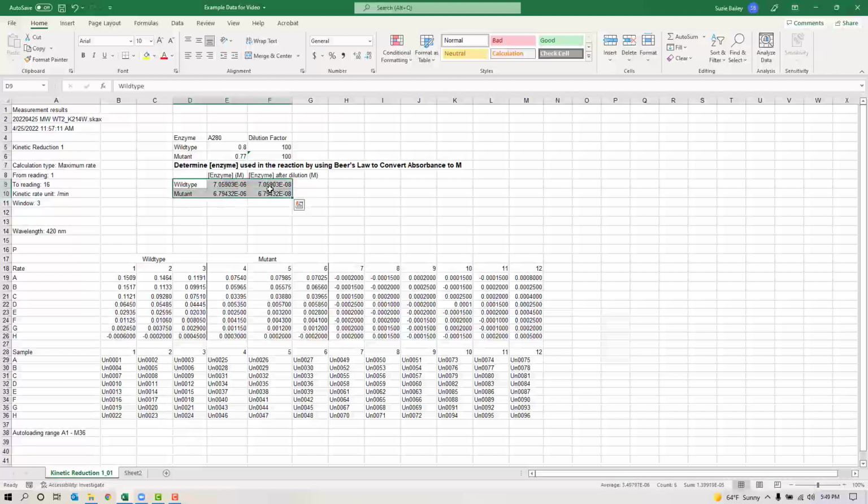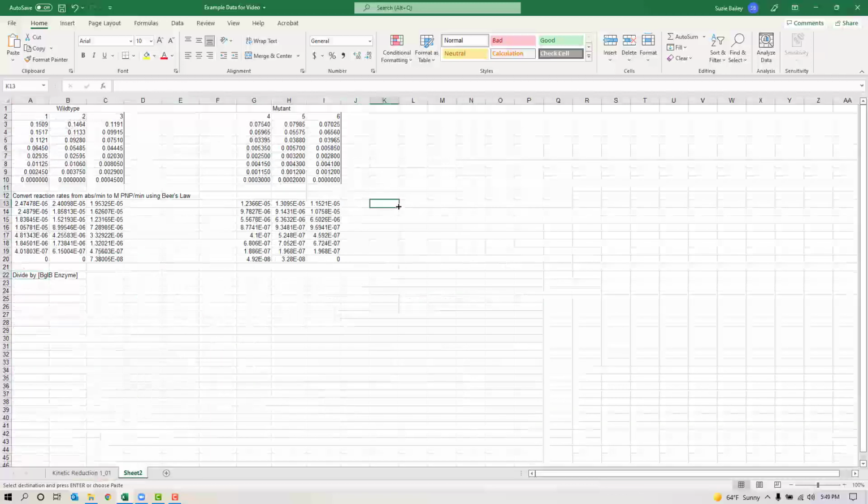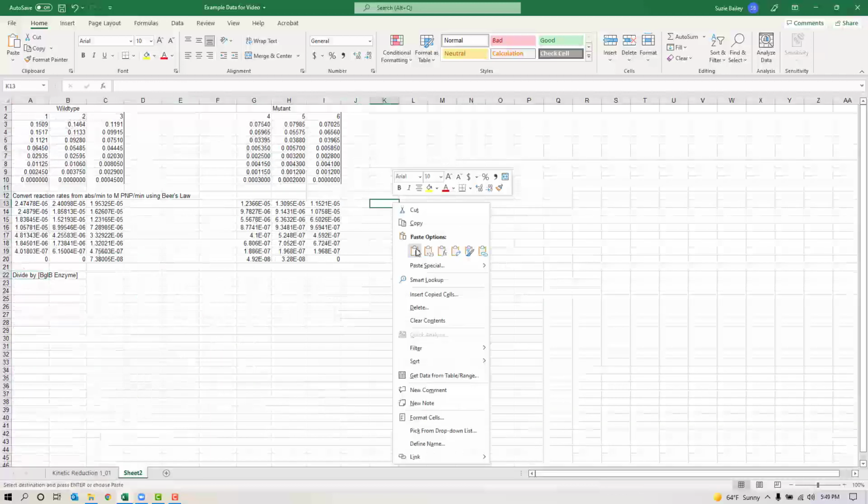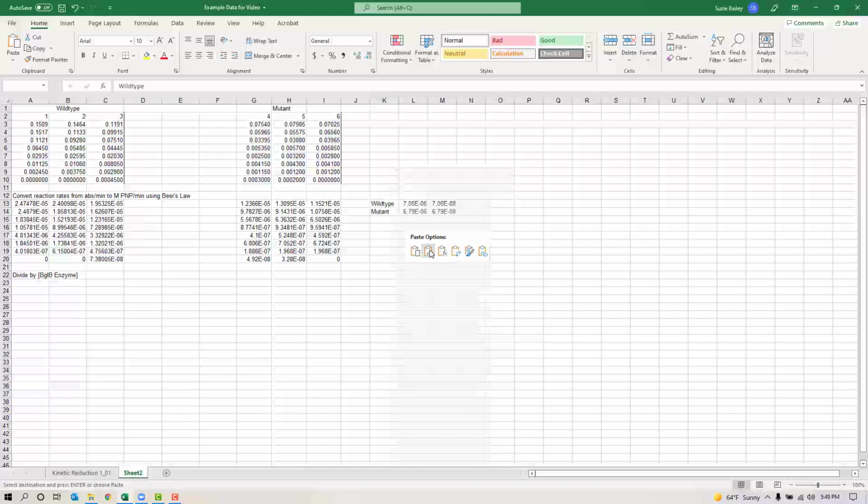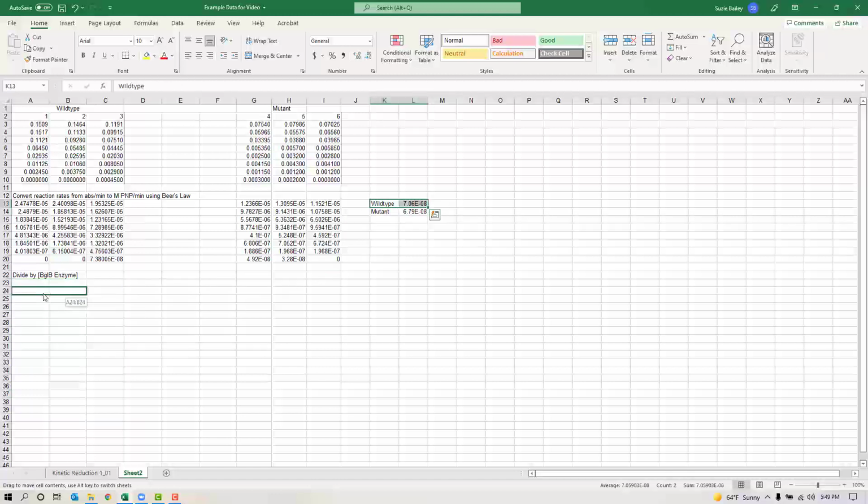So I'm going to copy these data over to that second sheet so I have them handy. And I'm going to do a paste special here and just take the values so that no formulas are being brought over that might confuse things. So I only want my final concentrations after dilution, so I got rid of those initial concentrations. So my wild type reaction rates are all going to be divided by this concentration of my wild type Bagel B enzyme.